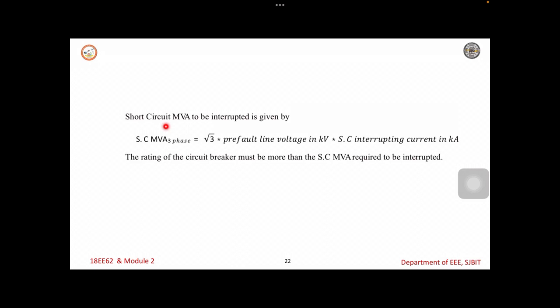The circuit breaker rating in terms of short circuit MVA is calculated as root 3 times the rated line voltage times the short circuit current. The rating of the circuit breaker must be more than the short circuit MVA required to be interrupted.